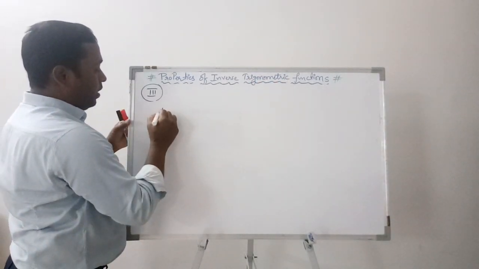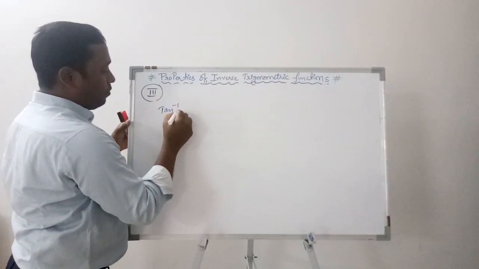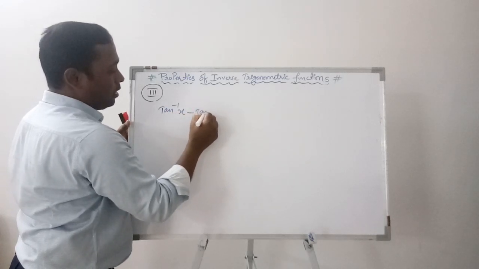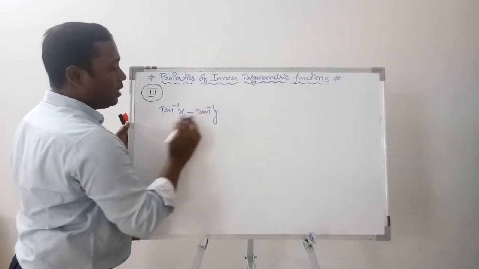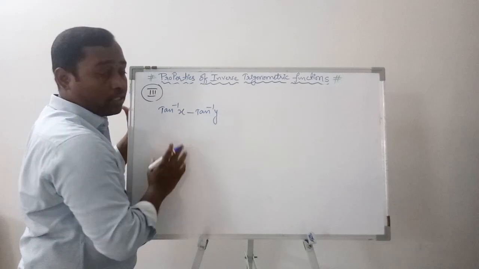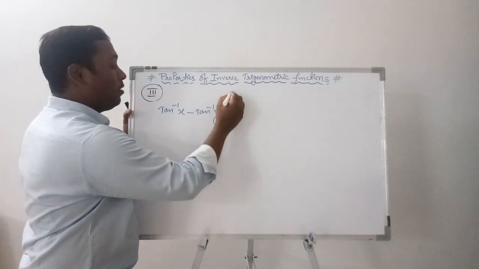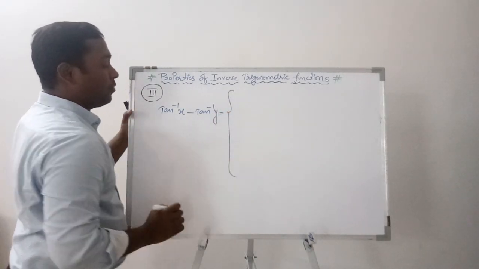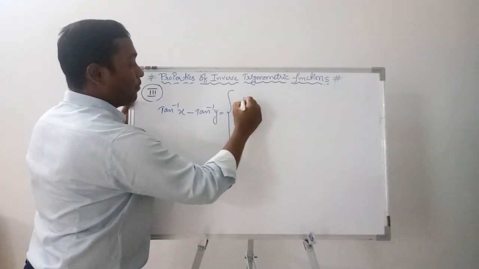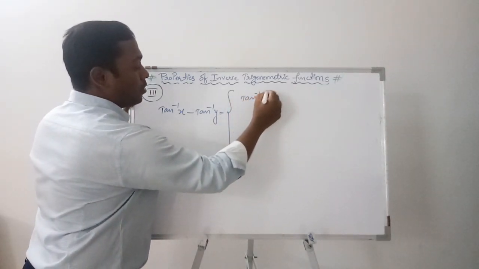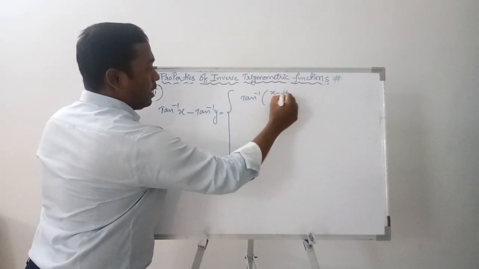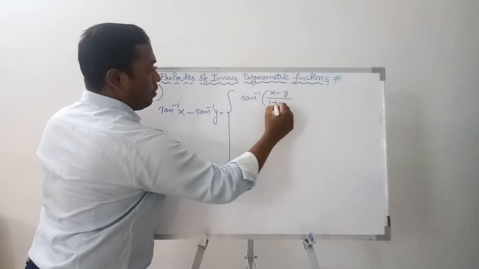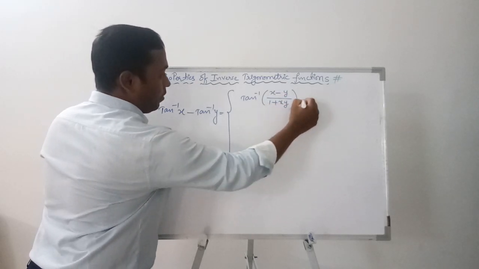So now we are discussing tan inverse x minus tan inverse y, the difference of inverse t ratios. Again three cases arise. The first one is the general one, that is tan inverse of (x minus y) upon (1 plus xy).